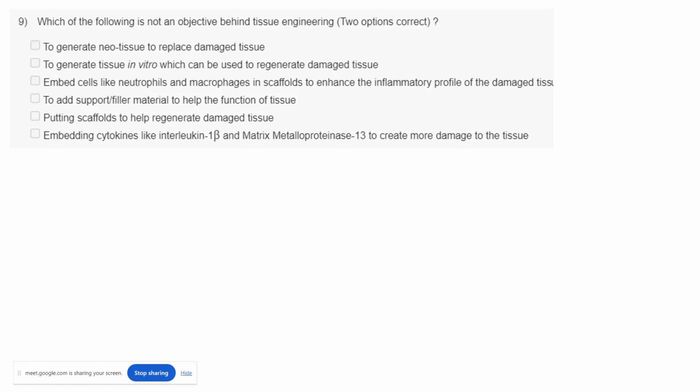Option 3 and the last one. Okay. Option 3 and 6. 3 and 6, okay.